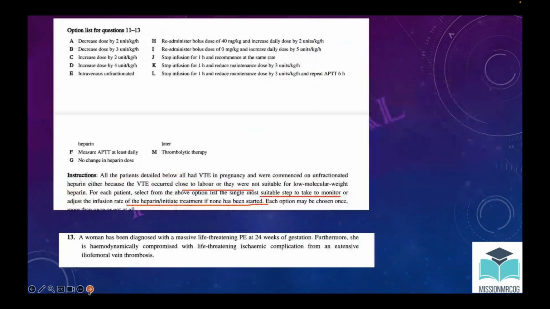So the woman is diagnosed with a severe embolism at 24 weeks of gestation. She is hemodynamically compromised with life-threatening ischemic complication from extensive vein thrombosis. A. Yes, so thrombolysis.